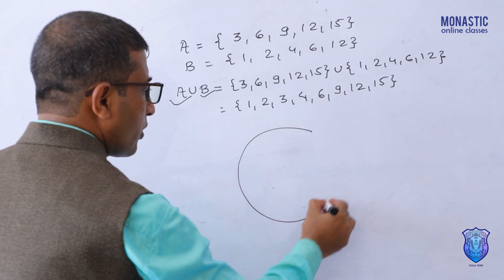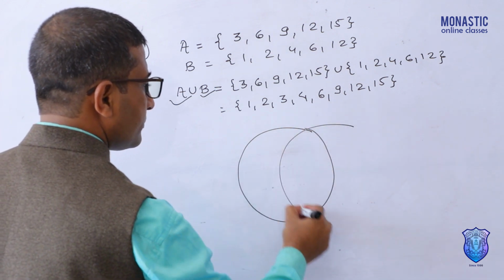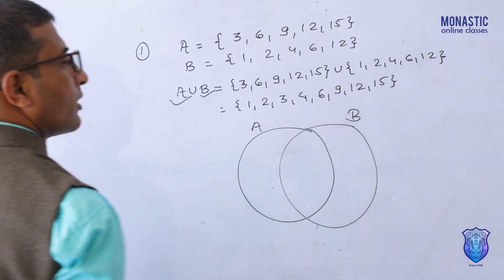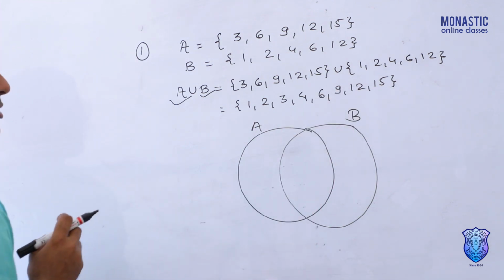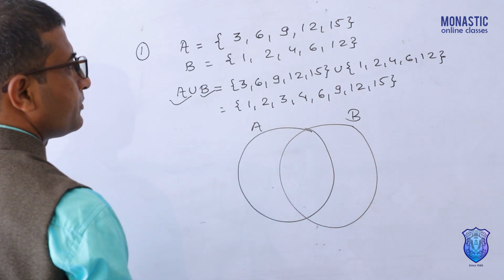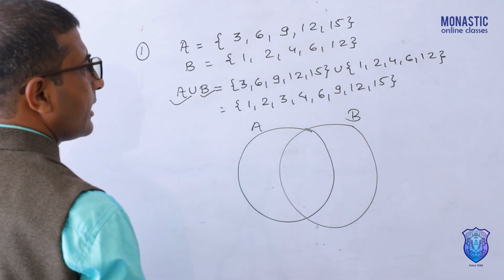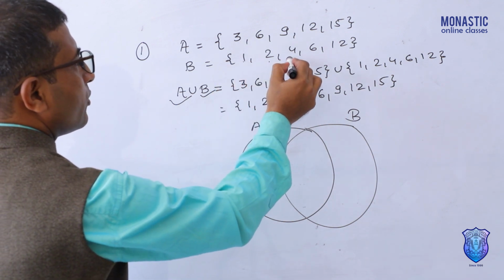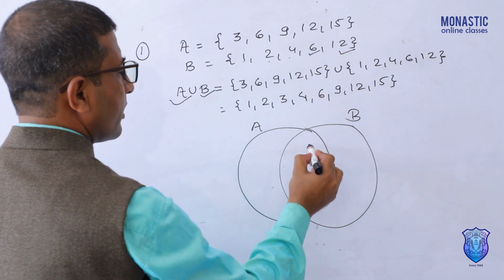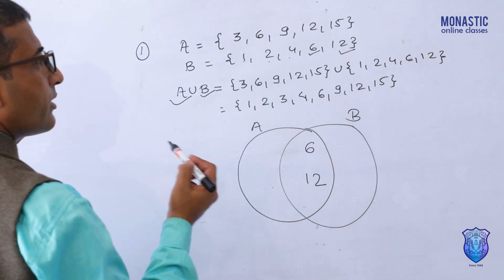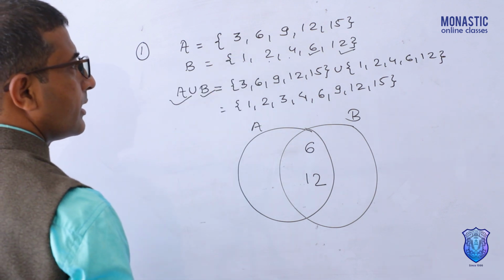Now, to draw the Venn diagram, you have learned we have to always start from the intersection, which is common in both. So what are the common elements in these two? 1 is not common, 2 is not, 4 is not, but 6 and 12 are. Right, 6 and 12. Now what are the remaining elements in A?